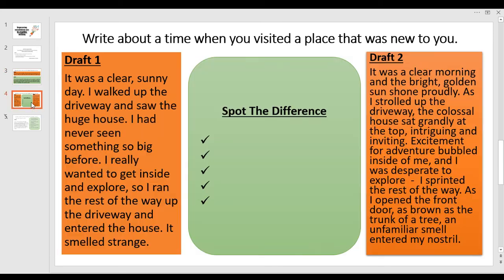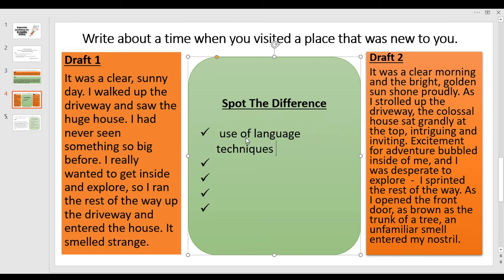So what we're just going to do now is have a look at the differences between draft 1 and draft 2. Now I've talked about them as I've been going through. So some of the differences, we've got a lot more uses of language techniques. Okay. You don't need to overload something with language techniques, but as you can see, they do enhance the description.